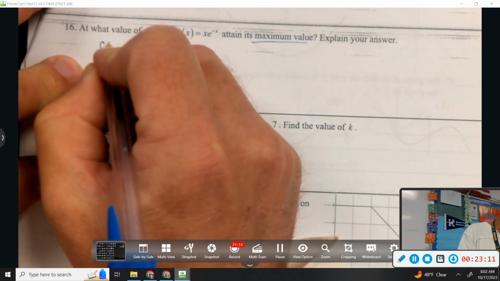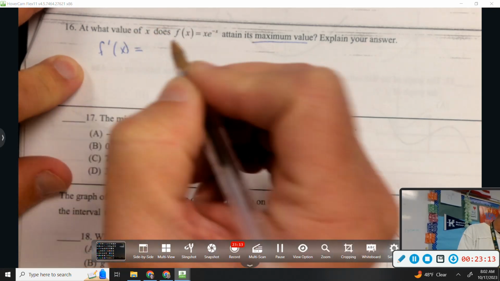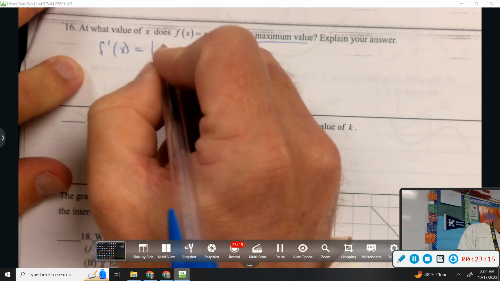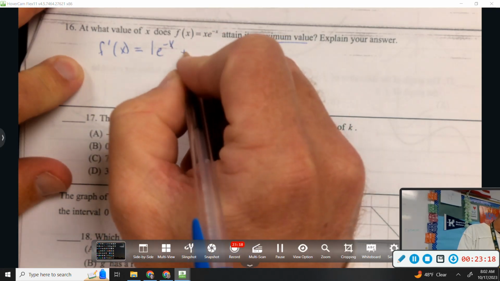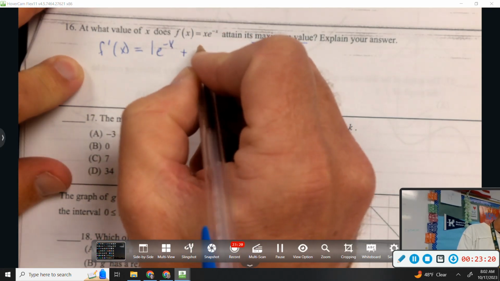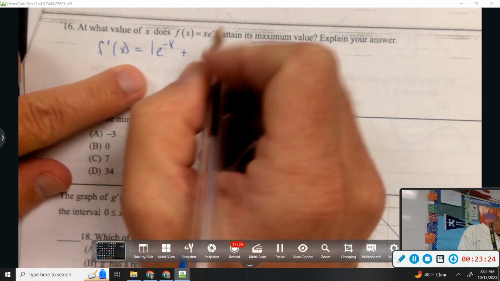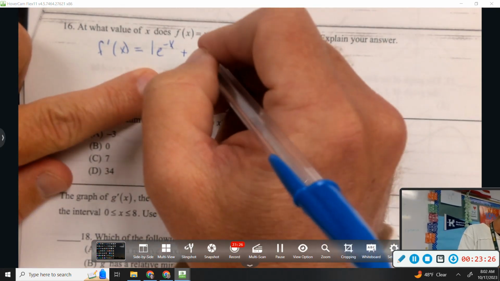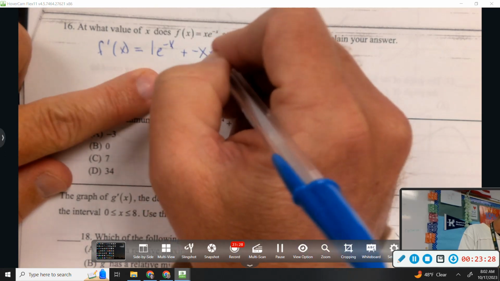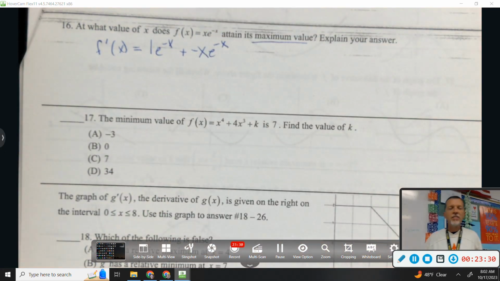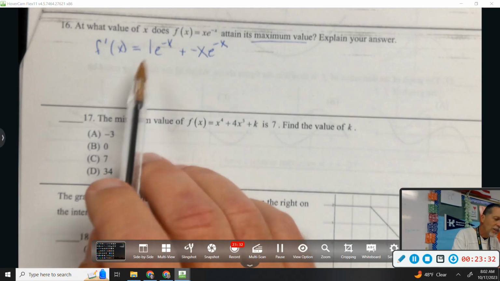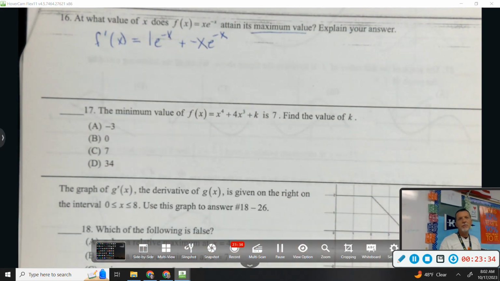Okay, let's do a first derivative. I did the derivative of the first times the second plus the first times derivative of the second. One of them times the derivative of the other plus the other way around.